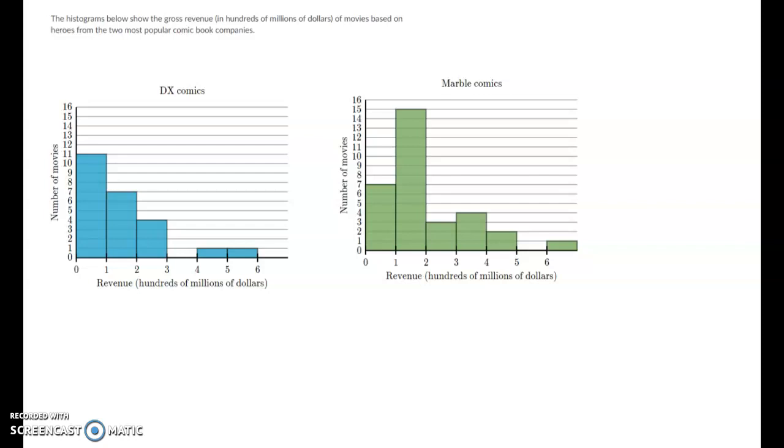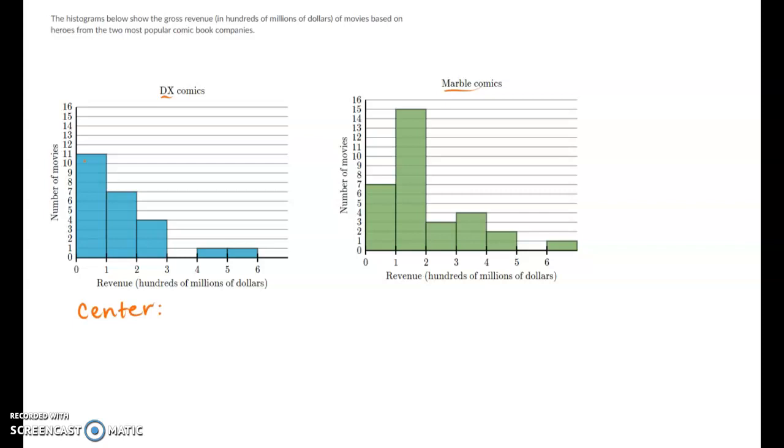And yes, this is just a knockoff of DC and Marvel. So if I wanted to talk about the center, I would say, well, it looks to me like the median might be higher for Marvel. I'm not sure. I could take a look at that.